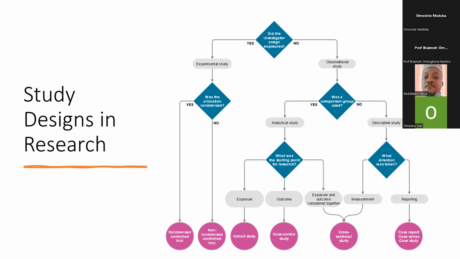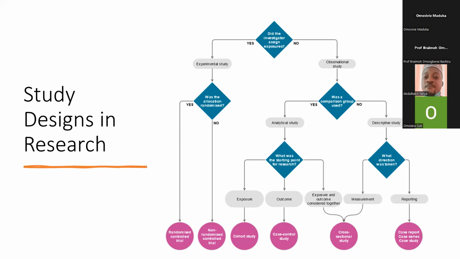Because in a cohort study, the starting point is that there's an exposure. So the groups, 2 or more groups, are identified based on the presence or absence of the risk factor, otherwise called presence or absence of the exposure. And then you are following them to identify outcomes that you have said you are interested in.